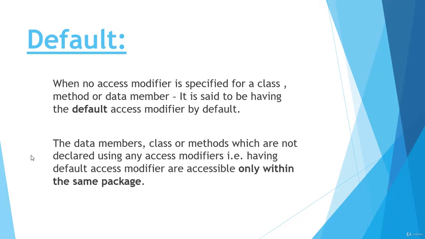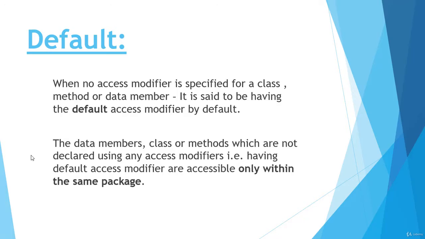So first of all, let's see what the default access modifier is. When no access modifier is specified for the class, method or data member, it is said to have the default access modifier. The data members, classes or methods which are not declared using any access modifier have the default access modifier and are accessible only within the same package.